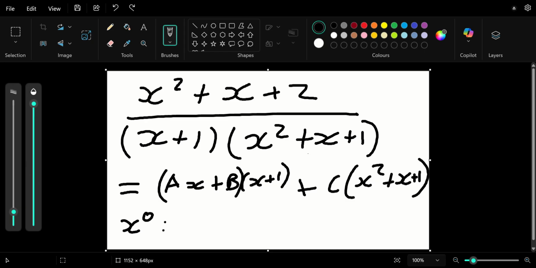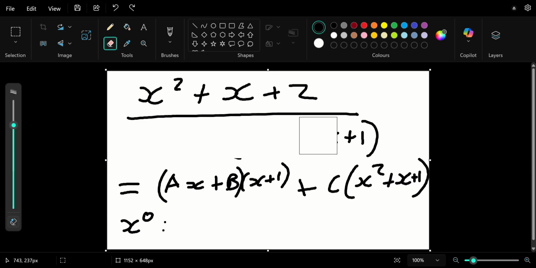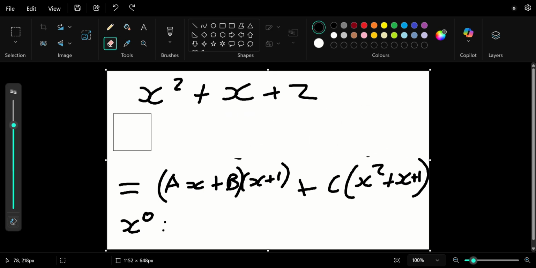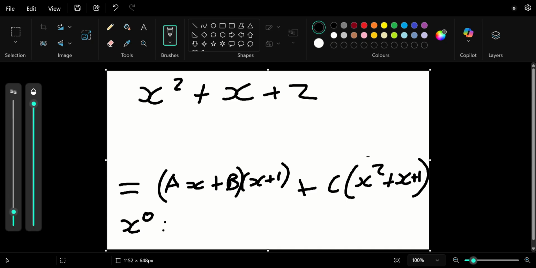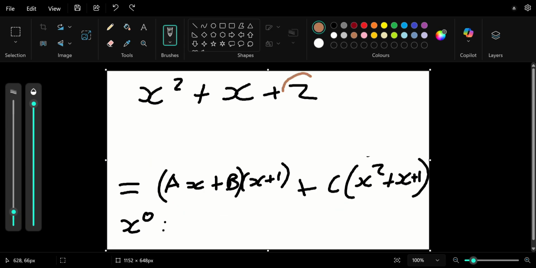And here we know that on our left hand side, all that remains is our numerator, x squared plus x plus 2, since we multiplied through by the denominator earlier. And our only constant on the left hand side is the number 2.